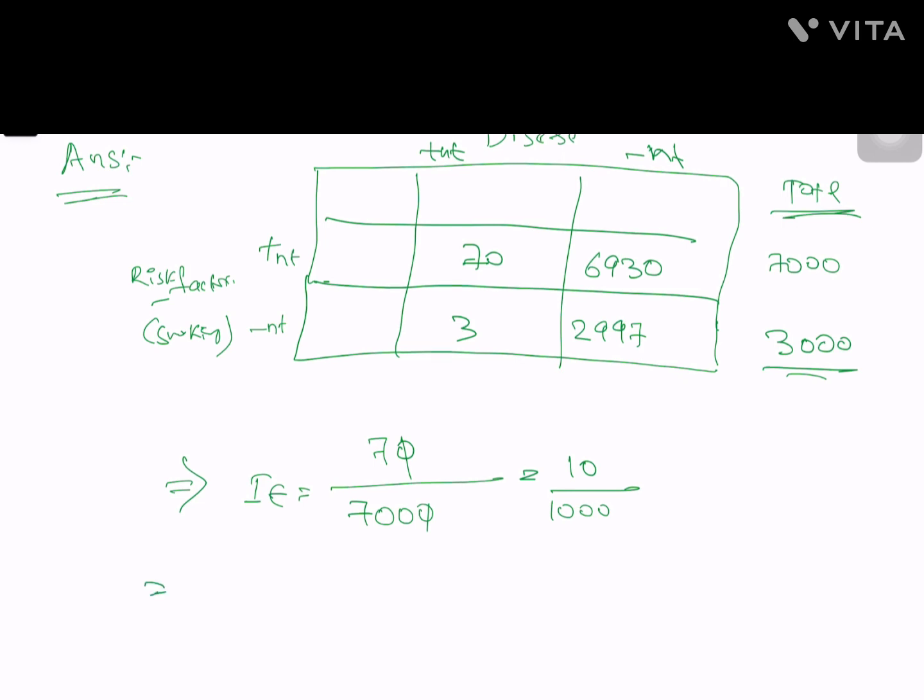And the incidence among non-exposed is 3 by 3,000, which is 1 per 1,000. We'll keep it like this to make our calculation easy.